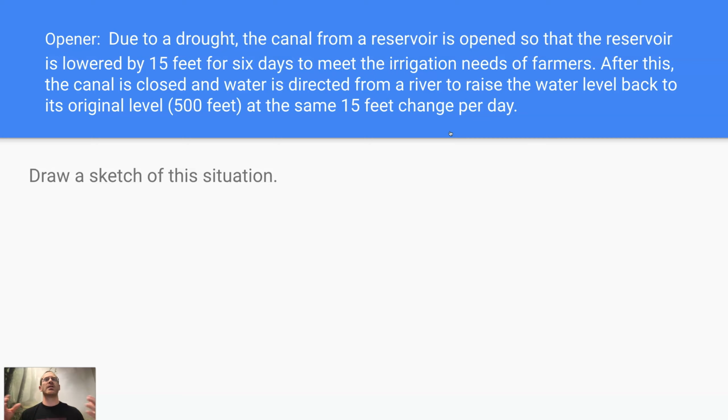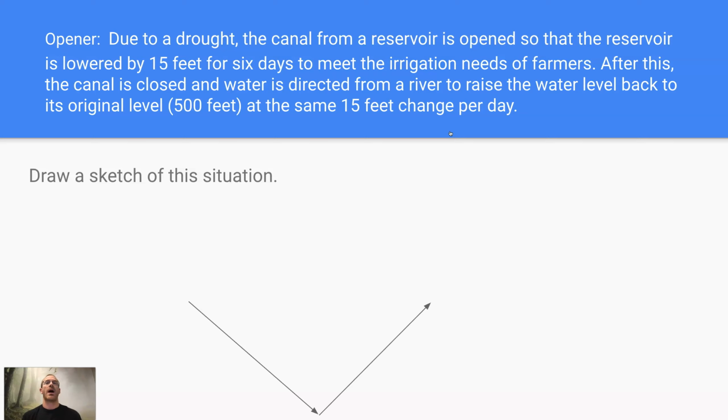What do you think this is going to look like for this particular situation? And think back to some of the things that we've talked about way back in lesson 1 when we were doing those graphs and matching those situations, and think back to kind of the pictures that you saw for those. So, talked a little too much. Go ahead and pause the video. Draw me your sketch. All right, so let's see how you did.